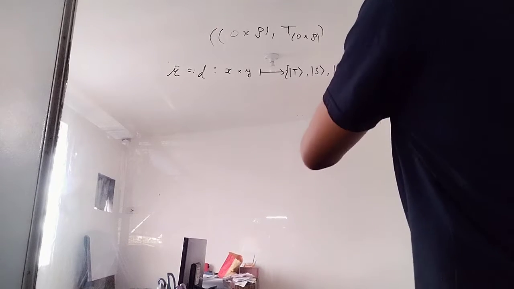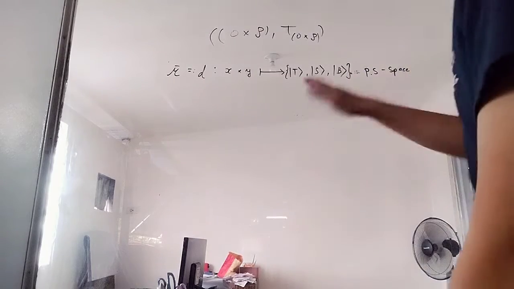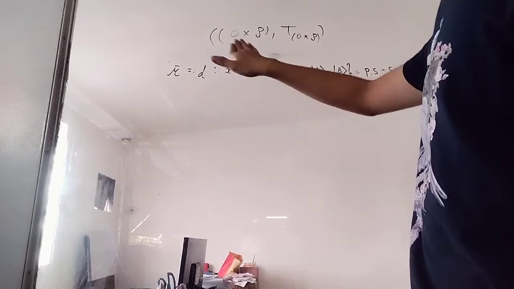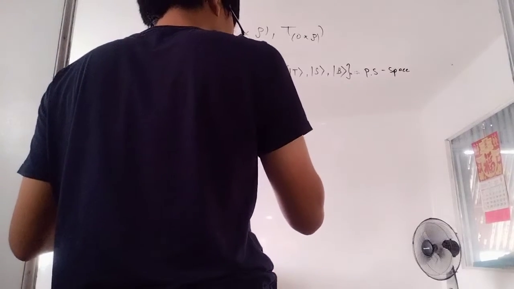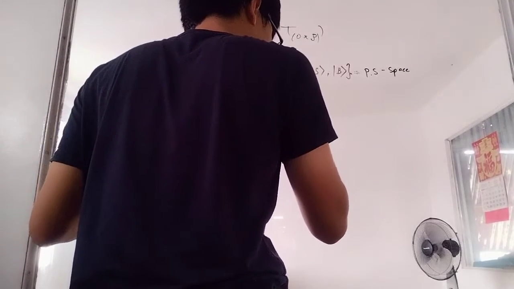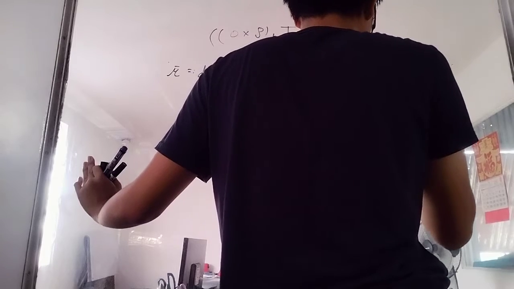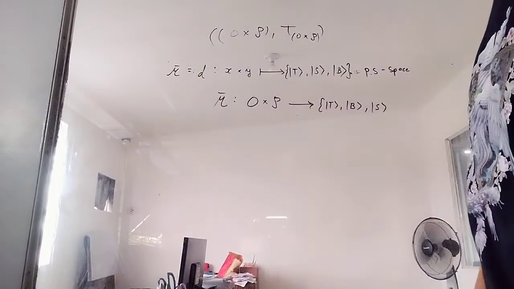The PS space, or the position state space. And now I'll say in general that mu bar maps the product O by mathcal P onto this PS space, which is top, bottom, and switch. And now what we want to do is define this function.